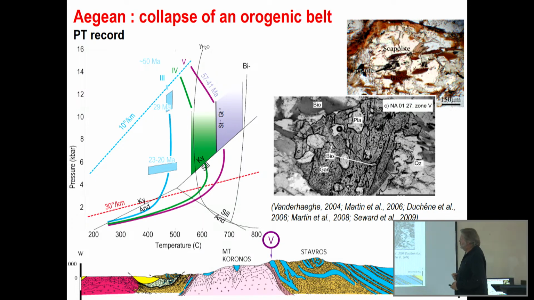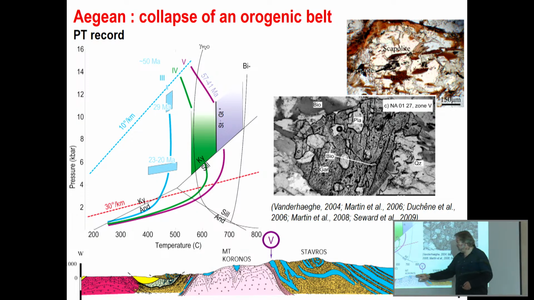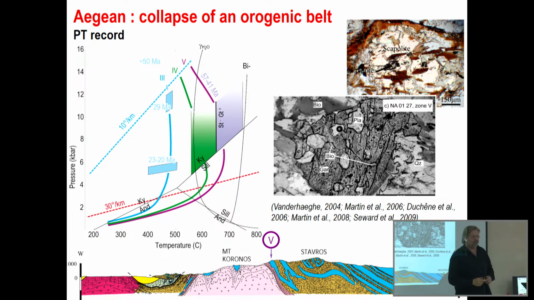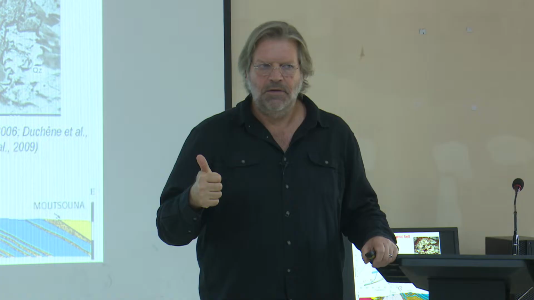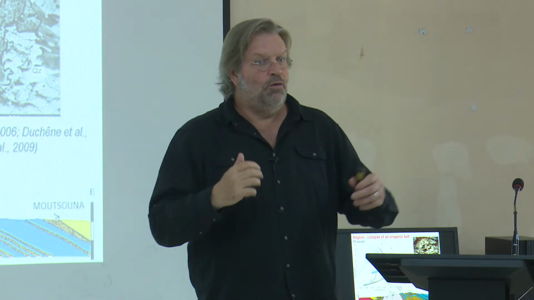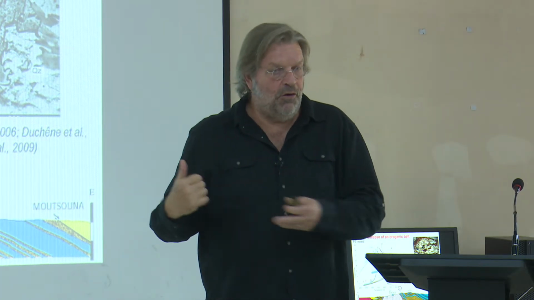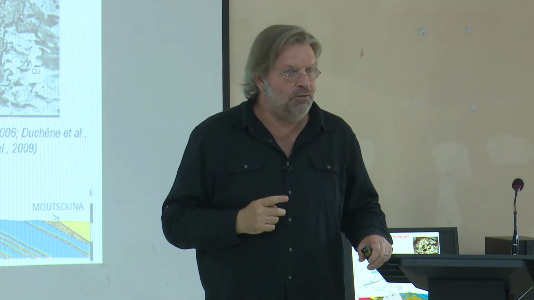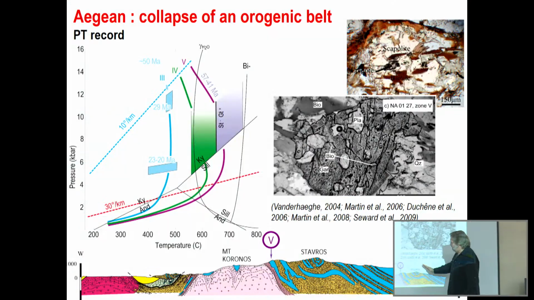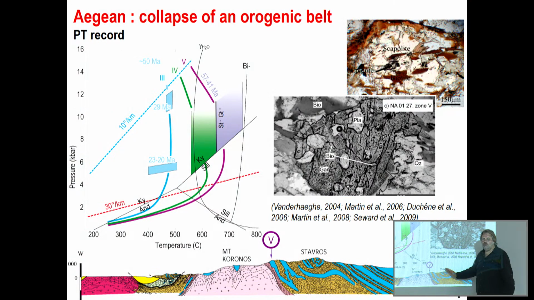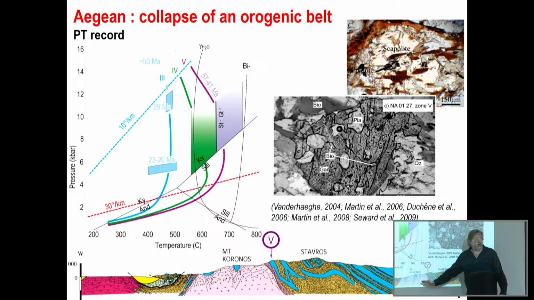Okay, let's move now to zone 6. What do you expect in terms of temperature, pressure? Higher temperature. And so lower pressure. This is correct, this is what we found, but we were surprised at first. Why lower pressure? As we go down structural level, we should have higher pressure, right?